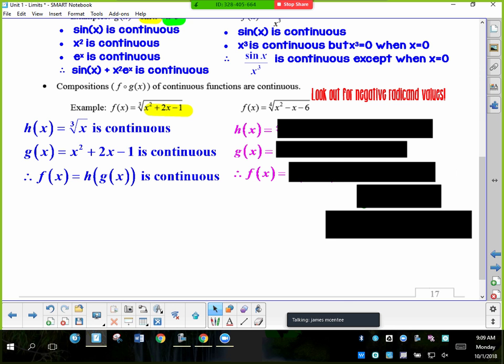Look at what's there. What do you want your outside function to be? And then your inside function would be what? So let's say that's my outside function and this is my inside function.